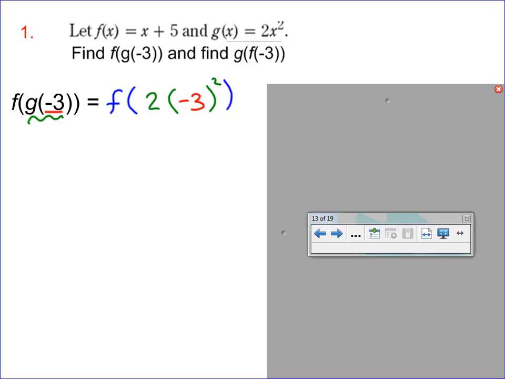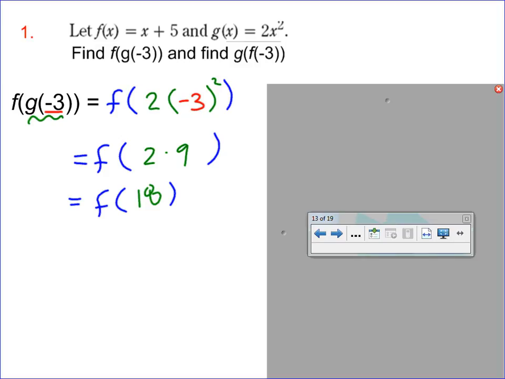But G's rule in green, 2 input squared, I'm going to evaluate using the innermost value, the x value, negative 3. So I have f of, and now I can evaluate inside. I have negative 3 squared is 9. So it looks like g of negative 3 is 18.